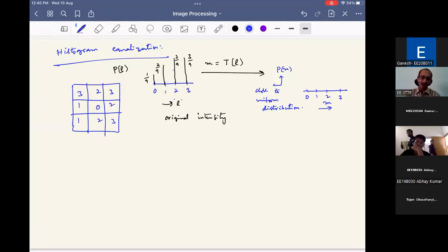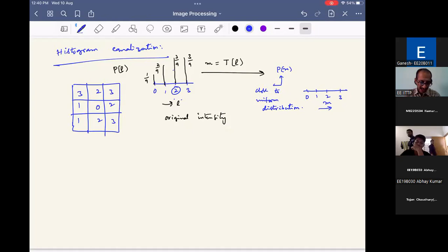Whichever pixels are at 2 have to stay together. They can be represented with a lower intensity value, or a higher intensity value, or the same intensity value, because I can't change two pixels having the same gray level to different gray levels. That's ruled out. So we will not get an exactly uniform distribution, only approximately uniform. We will see what it is, and also see with some images what it does.